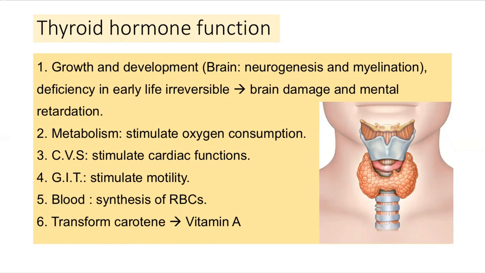They are important for the cardiovascular system; they stimulate cardiac function. In the GIT, they stimulate motility. With blood, the synthesis of RBCs. And they help in transformation of carotene to vitamin A. So they are important for all body actions.